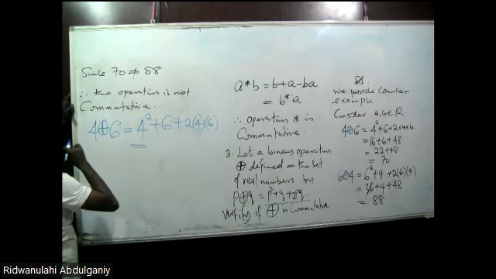Then now take 6 operation 4. The first element here is 6, which is squared. The second element is 4, plus twice their product. Evaluate this, you are going to have 88. We now conclude that since 70 is never the same thing as 88, then the operation is not commutative.